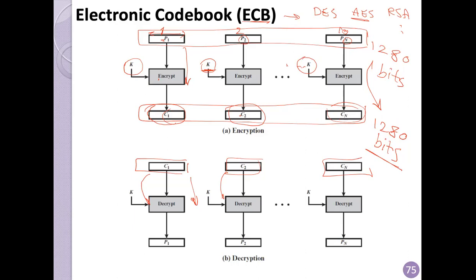We encrypt it separately, we decrypt it separately. The only thing common between different blocks is that they all use the same key. All n blocks are encrypted using the same key, and in decryption all n blocks are decrypted with the same key. This is called electronic codebook.